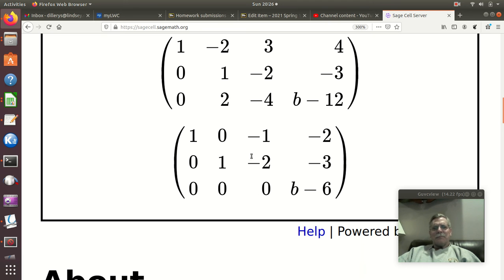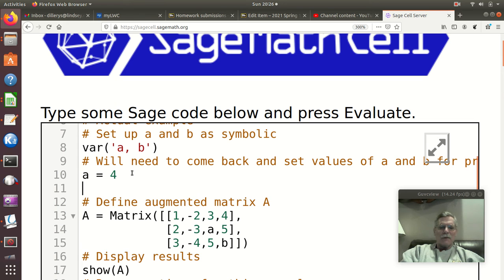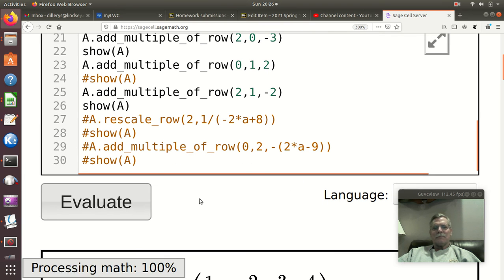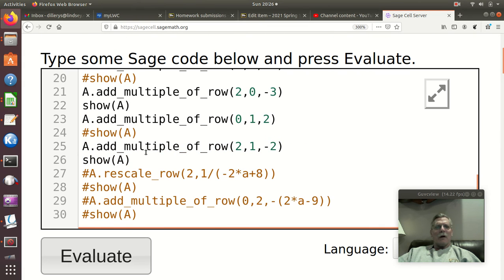This worked just fine, setting a equal to 4, and notice that this looks like we would get something inconsistent. Let me let b equal 1 or something like that, anything but 6. If I say b equals 1, put a space in there, and evaluate, then you see we have an inconsistent system.